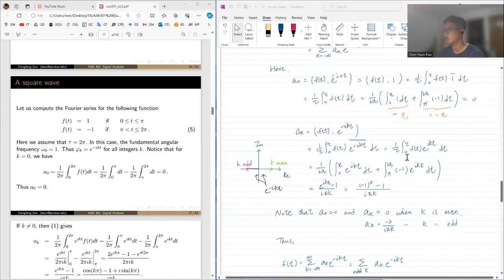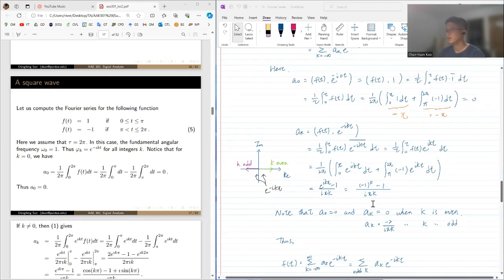And again, if you work out the integral, you will see that in the end, a_k is going to be negative 1 to the power of k minus 1 over i pi k. So here we can have a small summary for the Fourier coefficients. Essentially, a_k is going to be 0 when k is even, and a_k is going to be negative 2 over i pi k when k is odd.